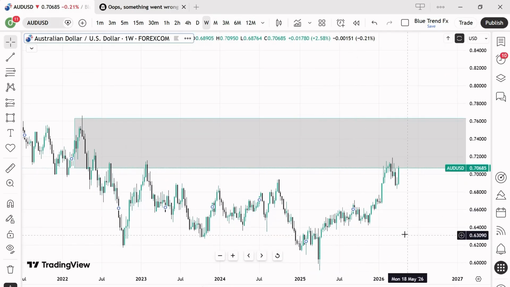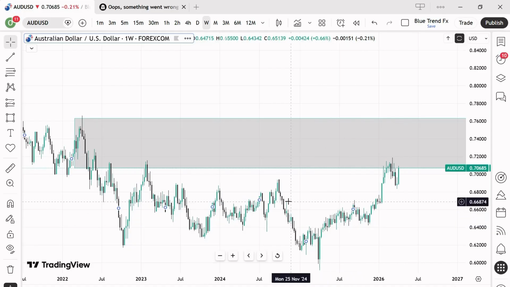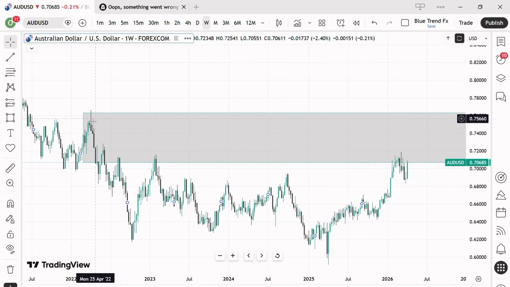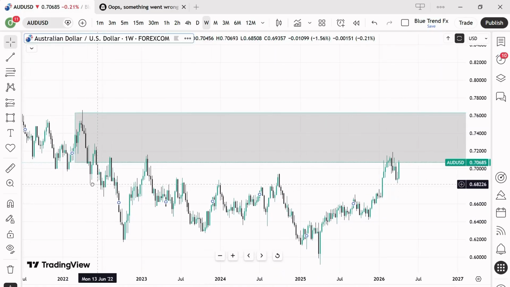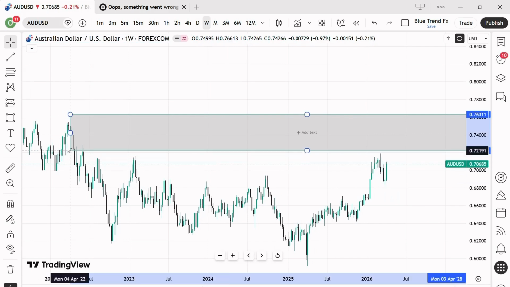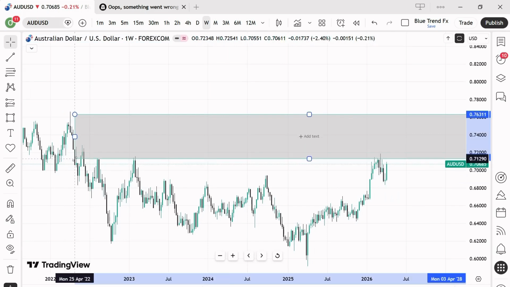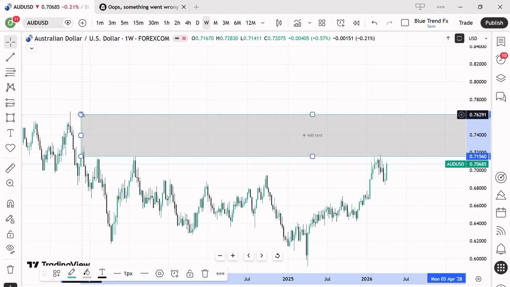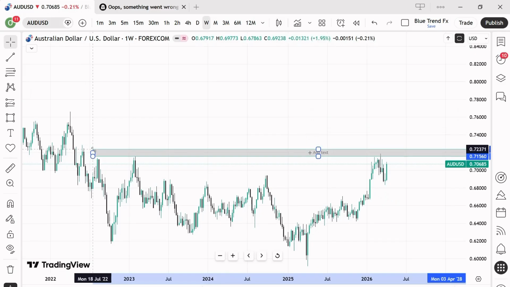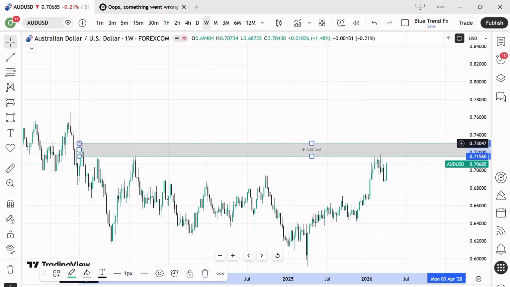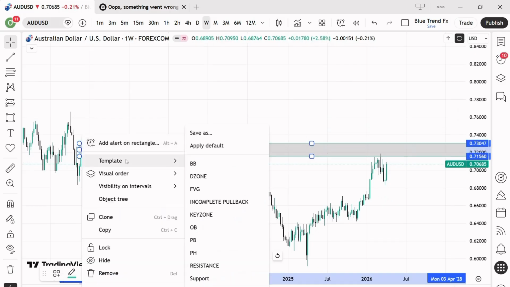So here is weekly. So overall, we can actually see that we are bullish.